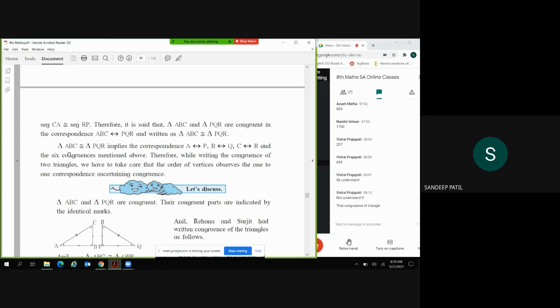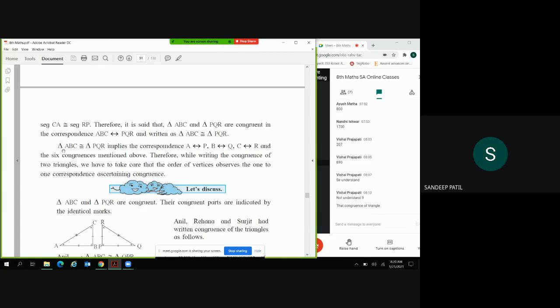So triangle ABC and triangle PQR implies that in the correspondence, A corresponds to P, B corresponds to Q, and C corresponds to R, and the 6 congruences mentioned above, since congruences are like three segments and three angles. Therefore, while writing the congruence of triangles, we have to take care of the order of vertices.